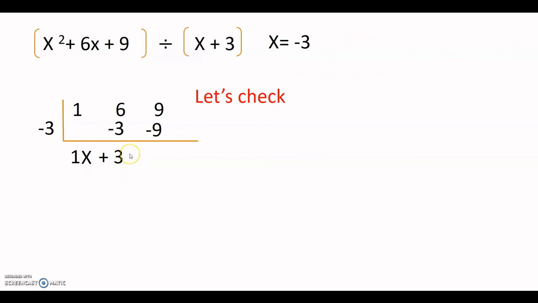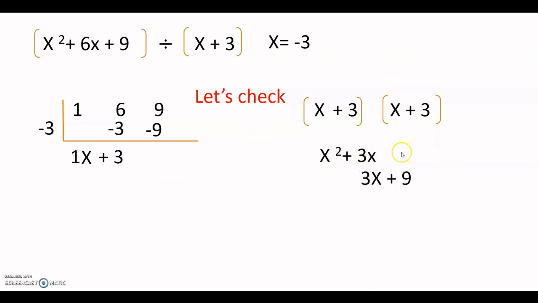So let's check if our answer is correct. We have x plus 3 as our answer, because it is understood that the coefficient of x here is 1. And we have x plus 3 here as our divisor. So we will multiply x plus 3 times x plus 3. We use the distributive property. So x times x is x squared, plus 3x because x times 3 is 3x.